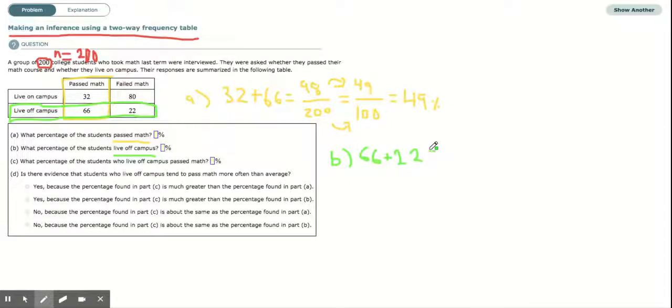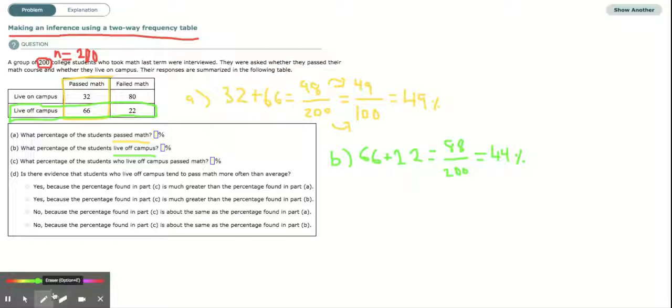So that would be a total of 88 out of the 200 students surveyed live off campus. So if you were to make this into a percent, again, we would divide the top and bottom by 2, you would get 44%. So 44% of students live off campus, while 49% of them passed math.